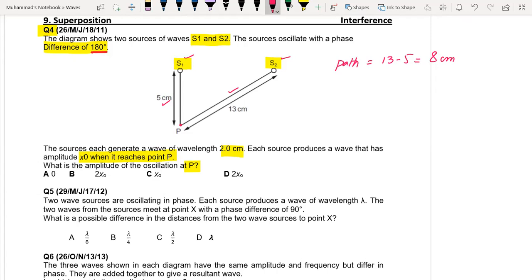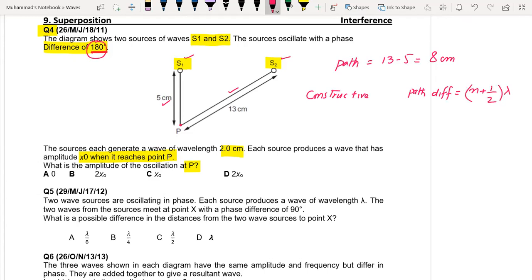If these two sources already have a phase difference of 180°, then the conditions for constructive and destructive interference change. So for constructive interference, path difference must be an integer multiple of lambda by 2.